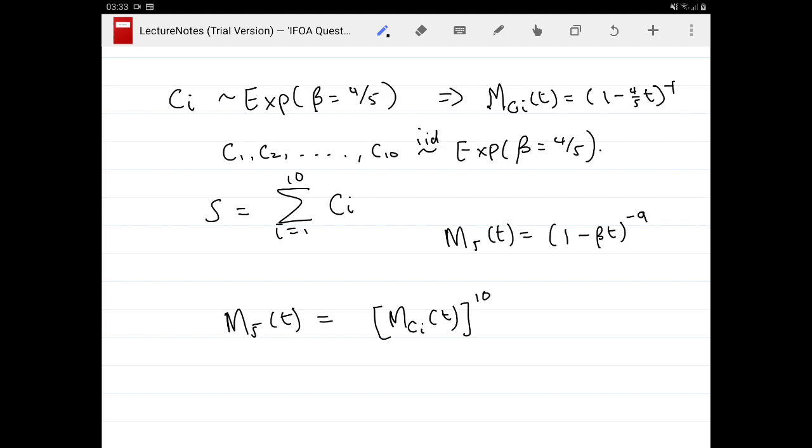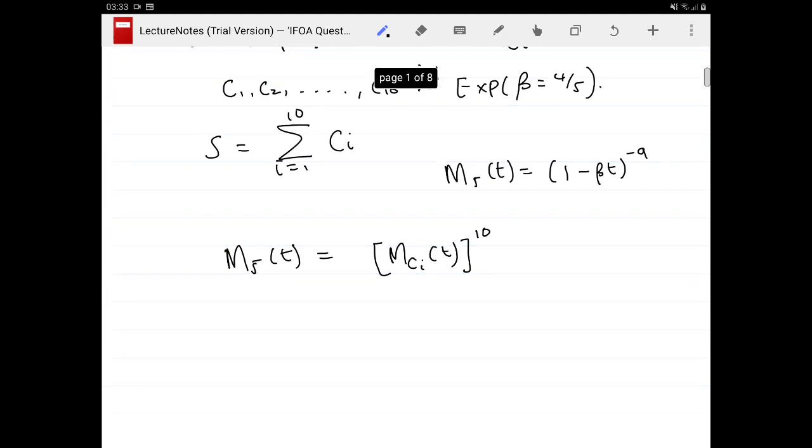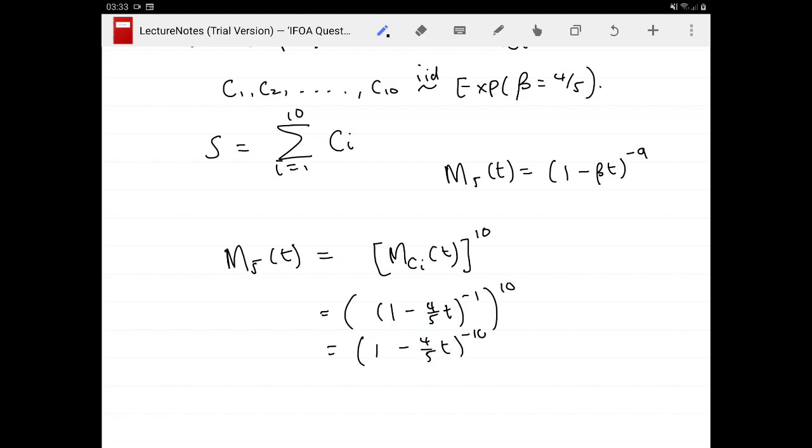All of this is a recap of theory we've learned this semester, and you should have your textbook with you, and in an exam you would also have your list of formulas for all of these distributions. So the MGF of S is 1 minus 4.5t to the power of minus 1, raised to the 10. So we've got 1 minus 4.5t to the power of minus 10.